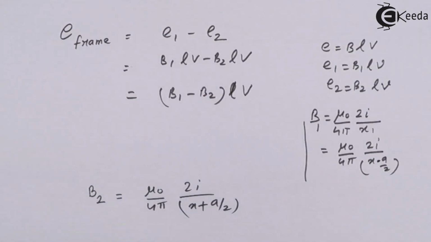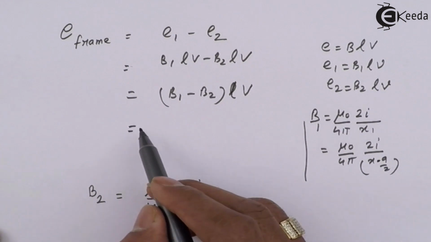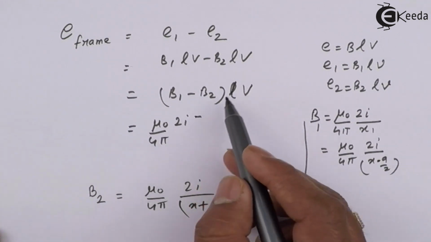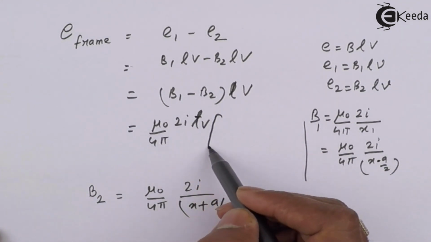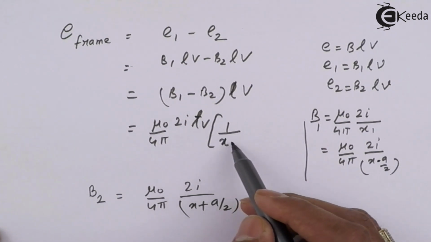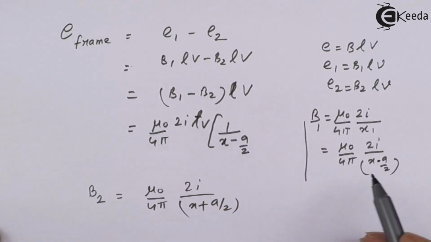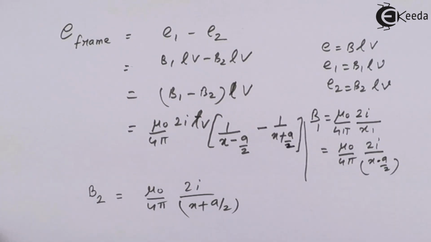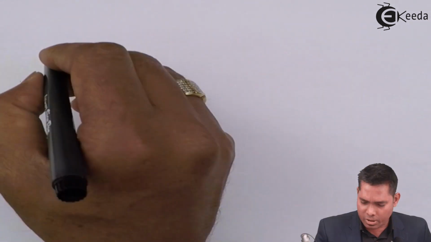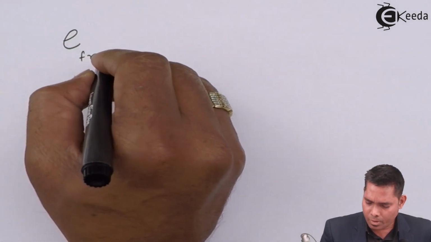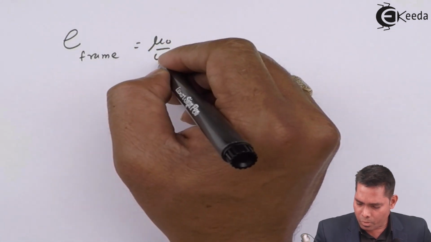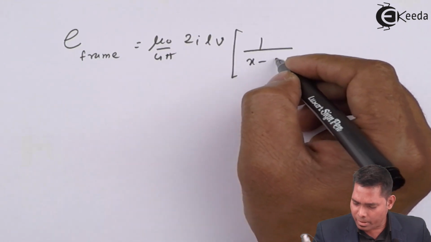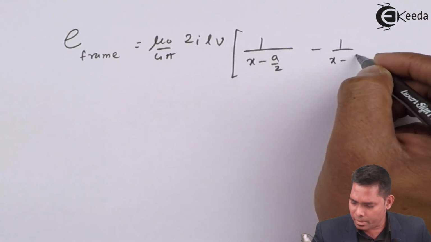If I substitute that, then mu 0 upon 4 pi, 2I will be common, LV will also be common, then inside it is 1 over x minus a by 2 minus 1 over x plus a by 2. If I rewrite that equation, the induced EMF in the frame equals mu 0 upon 4 pi, 2I LV, bracket, 1 divided by x minus a by 2 minus 1 divided by x plus a by 2.